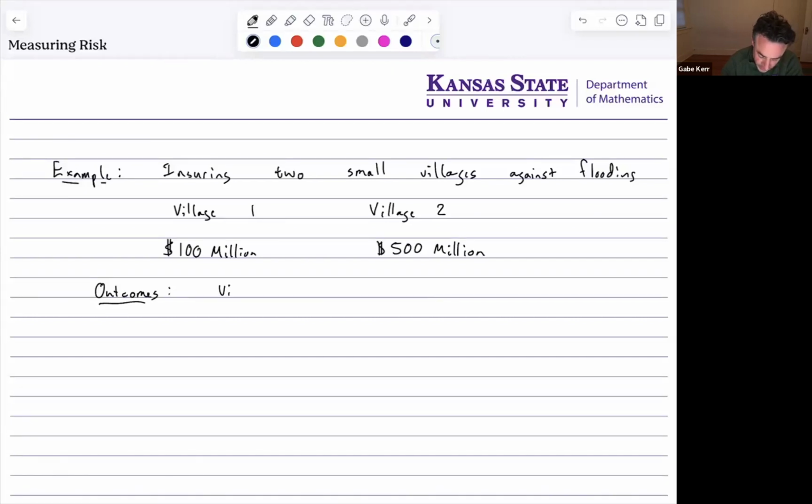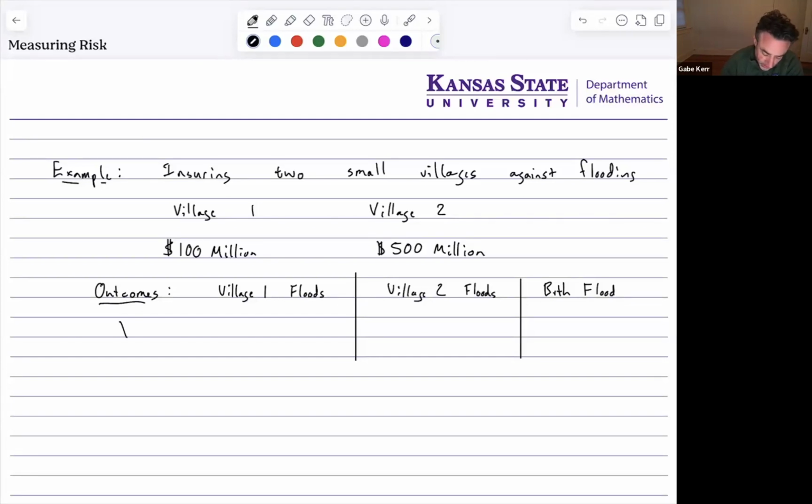Village 1 floods, village 2 floods, both flood or neither flood, but we're not going to worry about neither flood because there's no payout in neither flood.